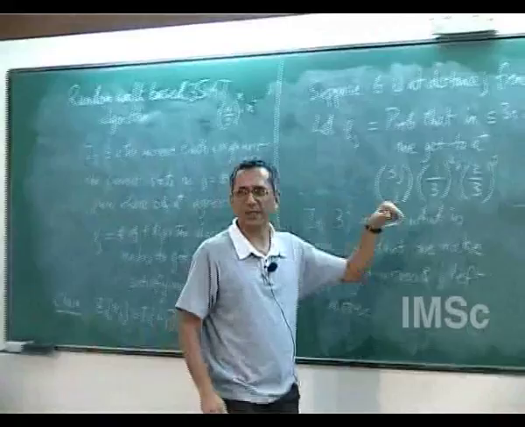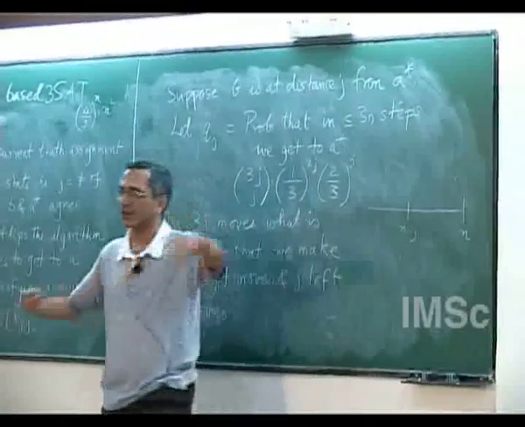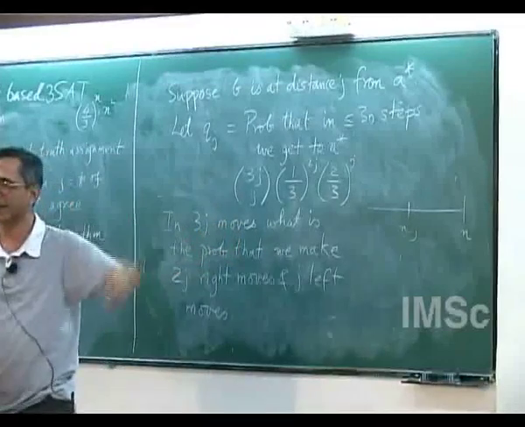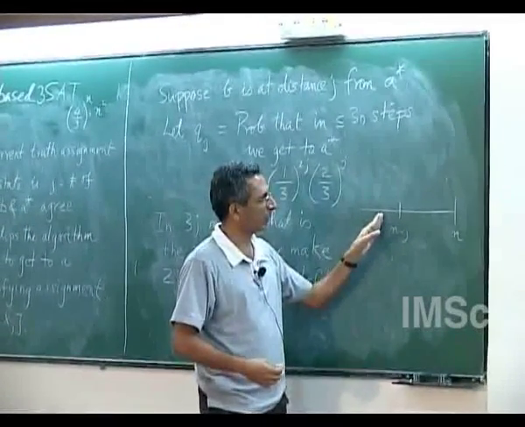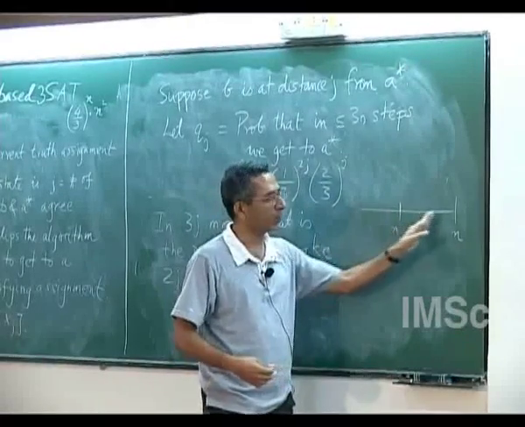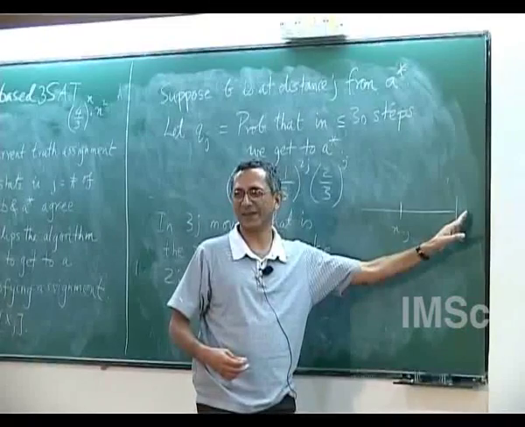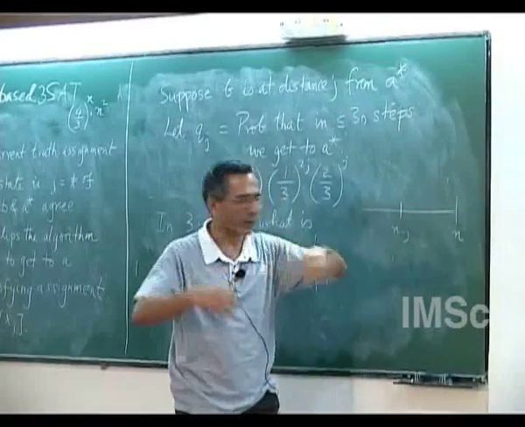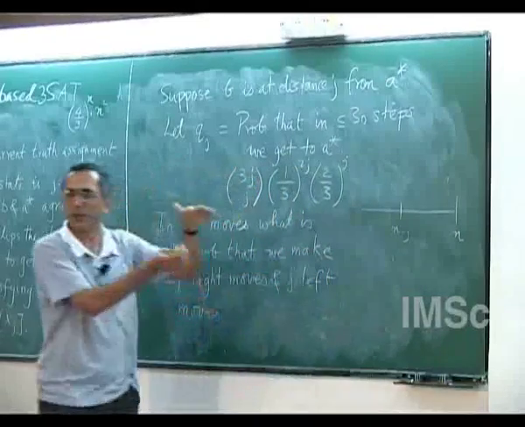But what is actually happening is that in some of these sequences you will not actually complete the run, because I may make 5 left moves and then have a whole sequence of right moves. The moment I get here, I am going to stop. But the set of all those sequences will add up to give you the right number.